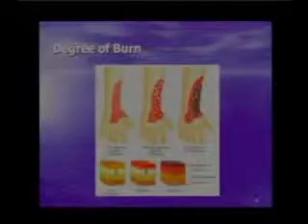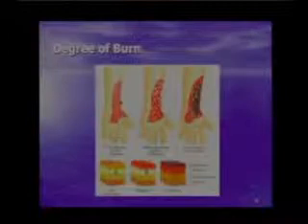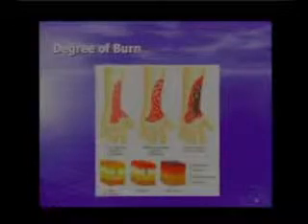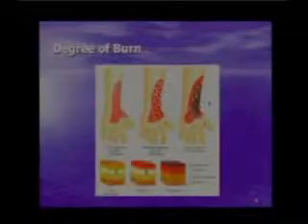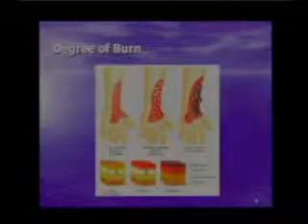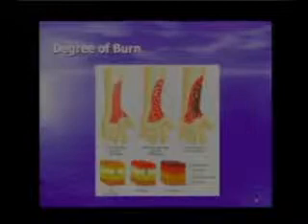So let's kind of summarize a little bit about burns. This picture shows us the first-degree burn, or the superficial partial thickness, which is more like your sunburn, your red area. The second-degree burn, or the partial thickness burn, the deeper partial thickness burn that's got blisters, and your third-degree burn, or your full-thickness burn with the charred areas, or sometimes even the powdery areas.